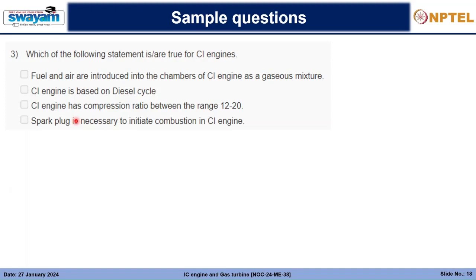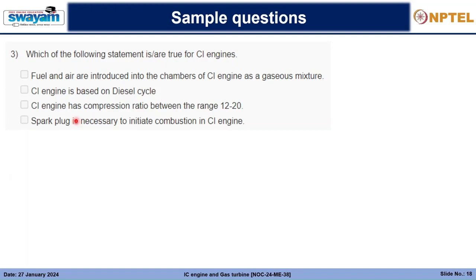Next is, which of the following statements is or are true for the CI engine? There can be multiple correct statements. The first says the fuel and air are introduced into the chamber of the CI engine as a gaseous mixture. So in CI engines, are fuel and air introduced, or only air introduced into the chamber as a gaseous mixture?